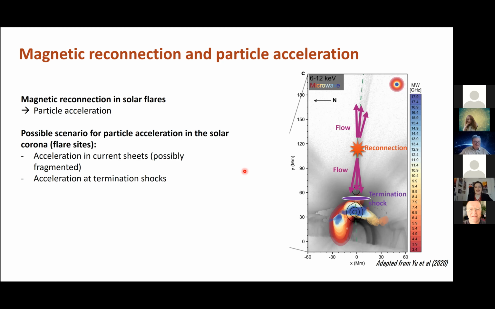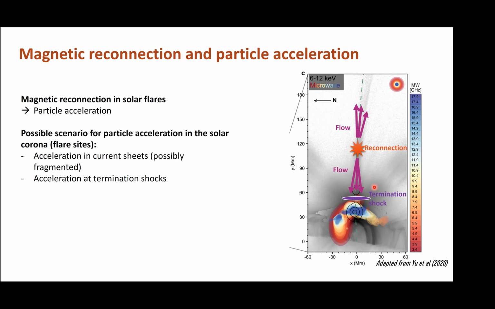We also usually have reconnection flows or reconnection jets. So the plasma is ejected on both sides of the reconnection site. And in particular for the downflow, as they reach the dense material, the dense loop below, they can be the reason for the creation of a termination shock.